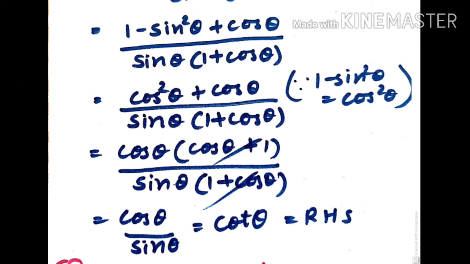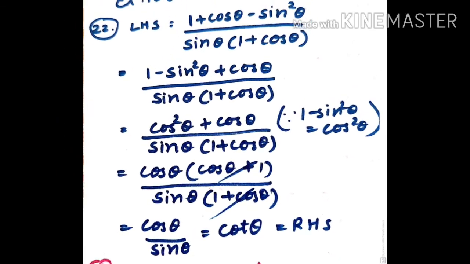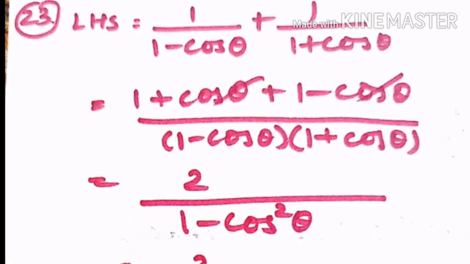So the next question, I am taking question number 23, in which the left hand side is equal to 1 upon 1 minus cos theta plus 1 upon 1 plus cos theta. So here also you observe the question, you have 1 in the numerator and the denominators 1 minus cos and 1 plus cos. Okay, so here how can we solve?